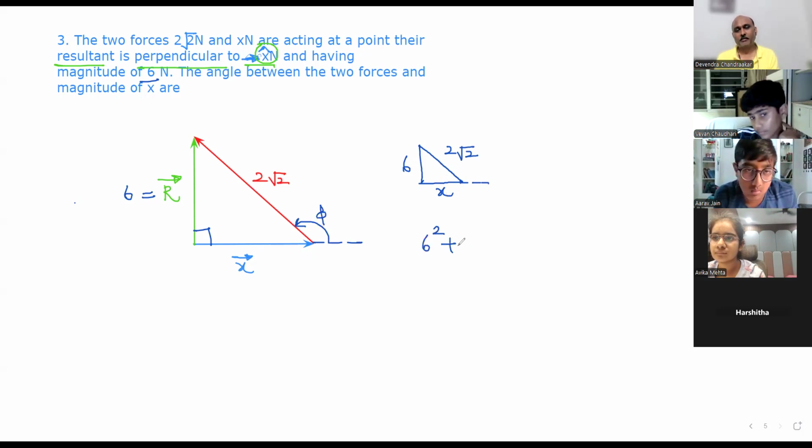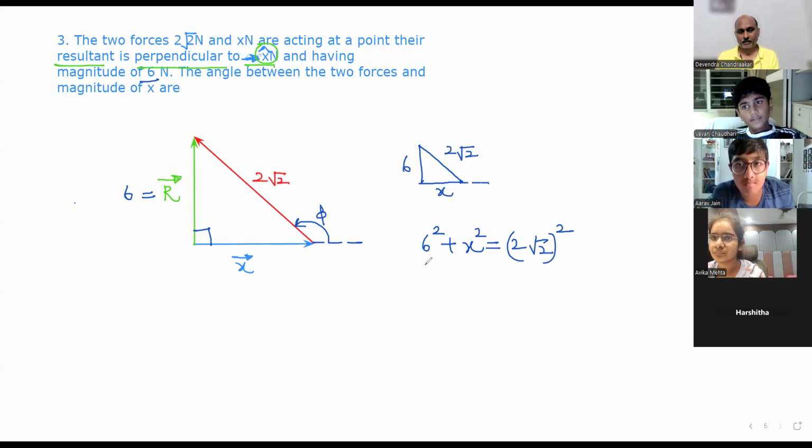So (√6) square plus x square is (2√2) whole square. Yes or no? All of you. 6 plus x square is equal to how much?